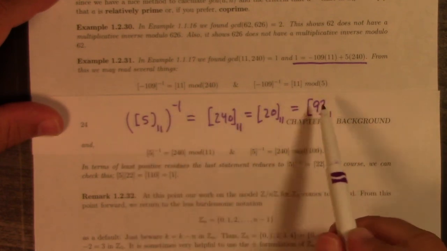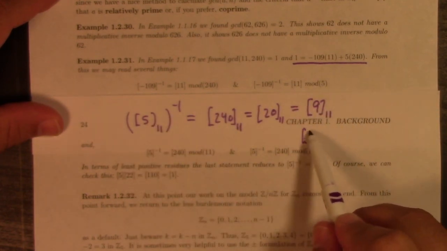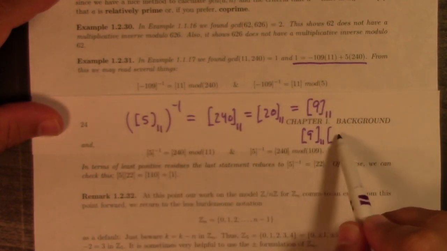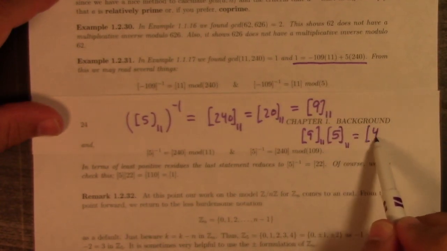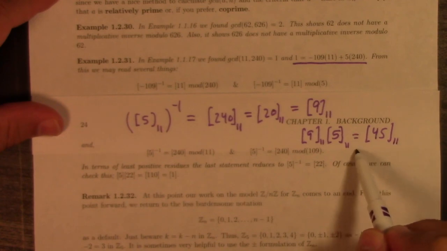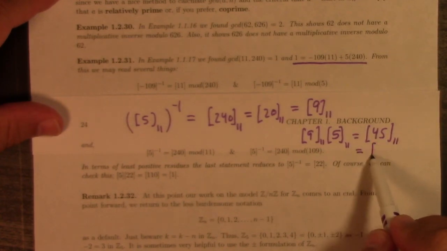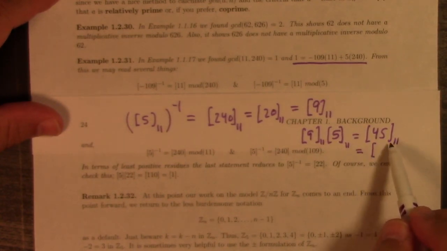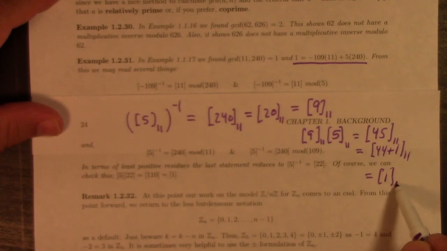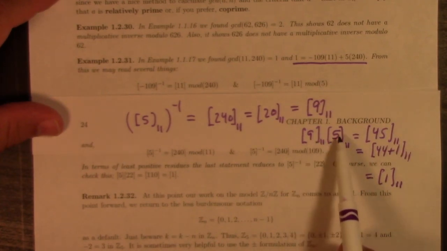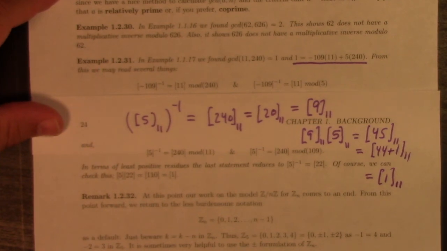What's 9 times 5 mod 11? It's 45 mod 11, which is 44 plus 1, which is 1. So there you go. That shows you that 9 is the multiplicative inverse of 5 mod 11, in Z11.